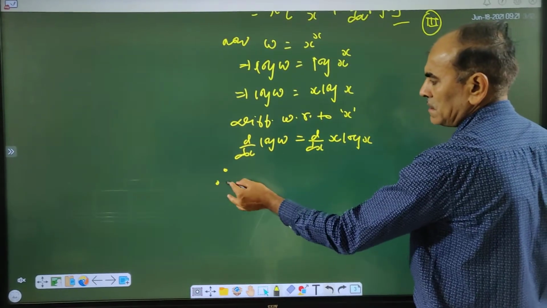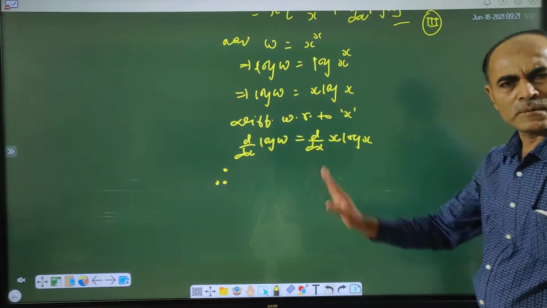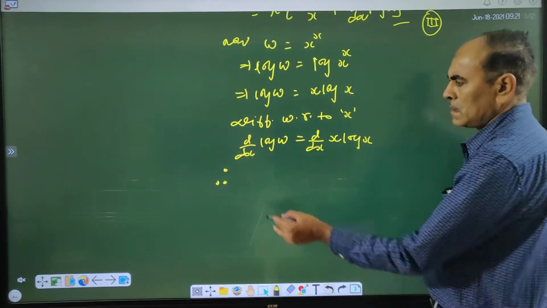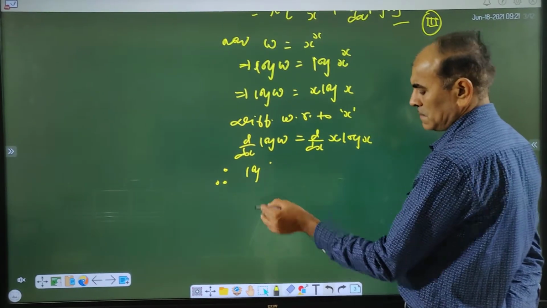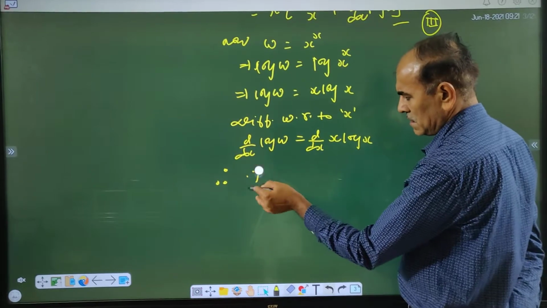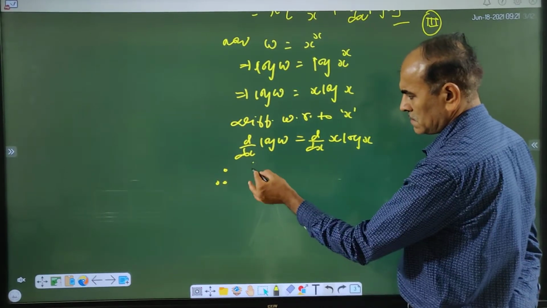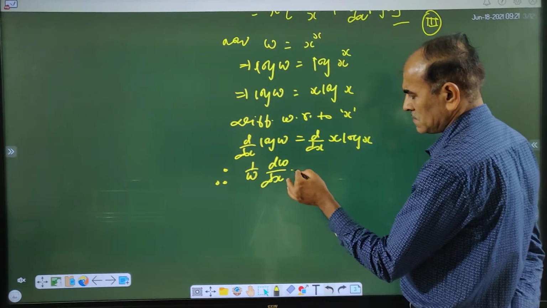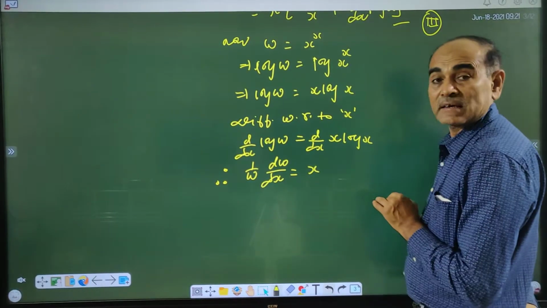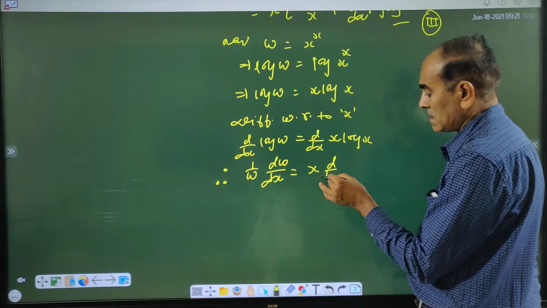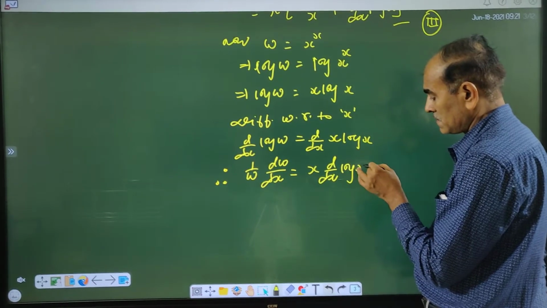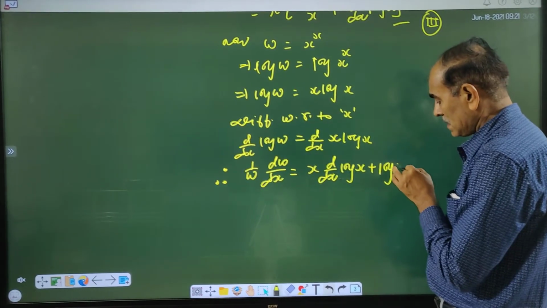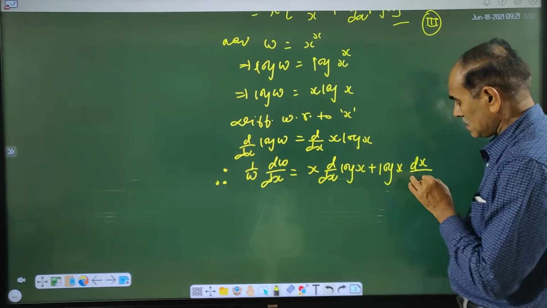On the same line we are moving: first function as it is, d by dx of second function, plus second one into derivative of first one.